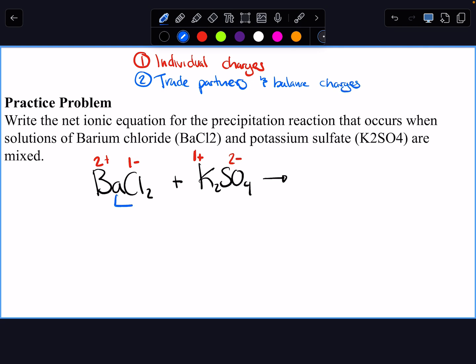So barium pairs up with sulfate, and look, how convenient. +2, -2, so it's just BaSO4, because you only need one of each to make them both happy. Then, K is bonding with Cl, and they are +1, -1, happy couple there, KCl. Questions on step 2?